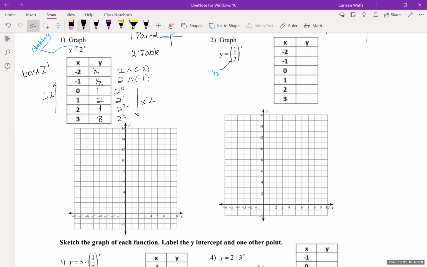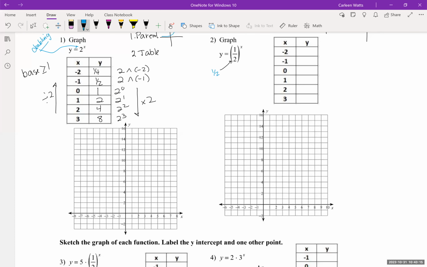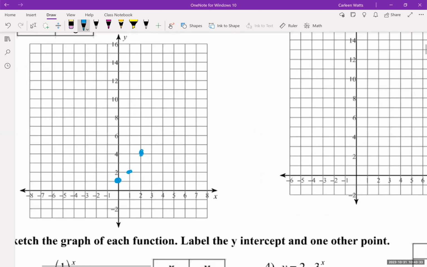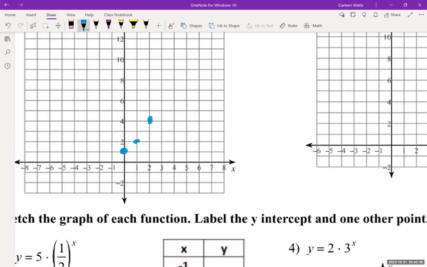So now let's graph. When x is 0, we get 1. When x is 1, we get 2. See how that looks linear? When x is 2, we get 4. Starting to not look linear. When x is 3, we get 8.